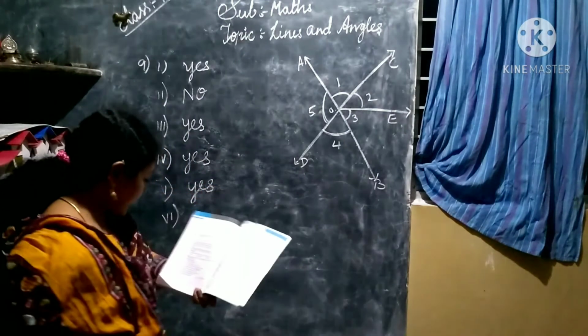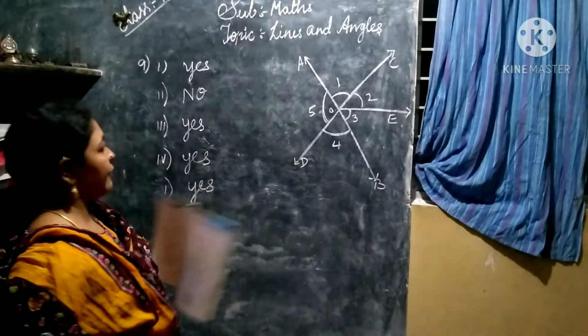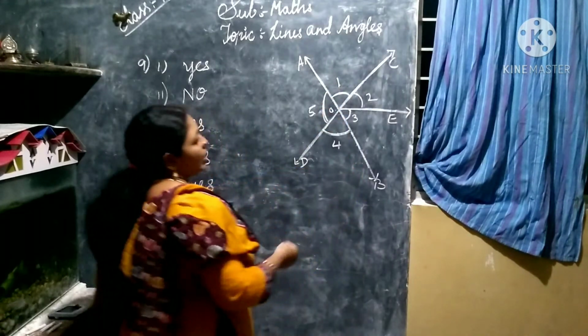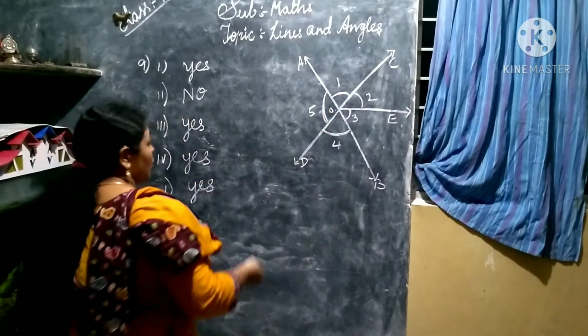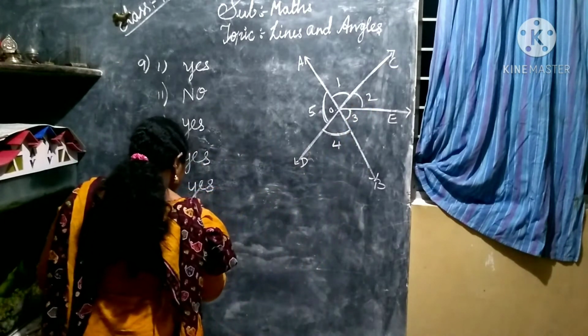Look at the sixth one. What is the vertically opposite angle of angle 5? So here we have angle 5. What is the angle vertically opposite to it? So the vertically opposite angle we get is angle 2 and angle 3, isn't it?